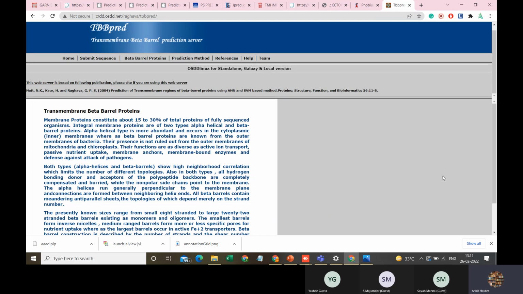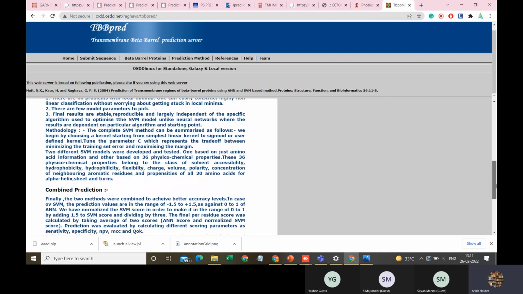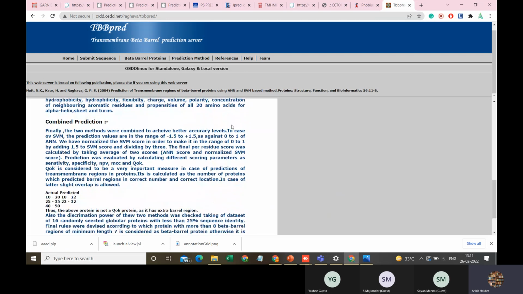So you can get to know about it and also the prediction methods. You can see that it uses a neural network based approach, some statistical learning, and an SVM based approach, and helps in the combined prediction.